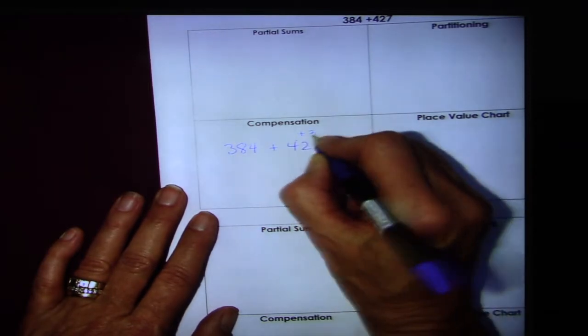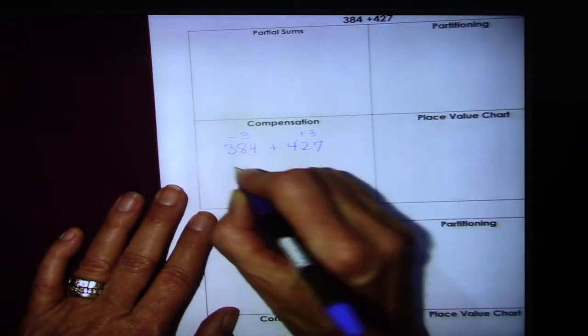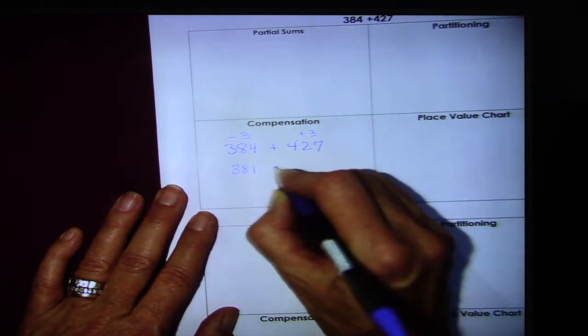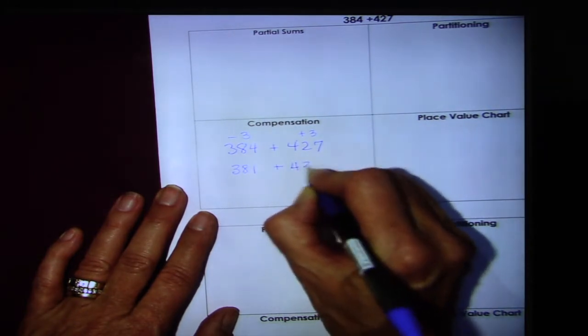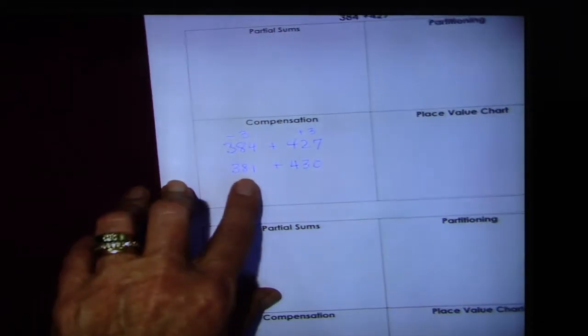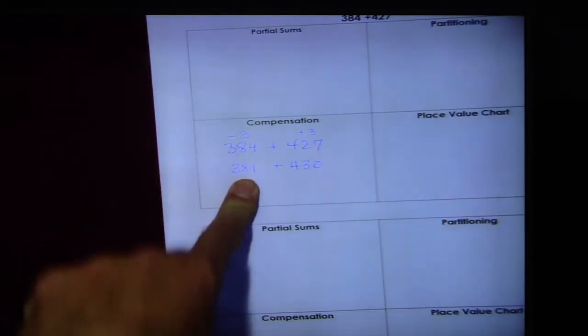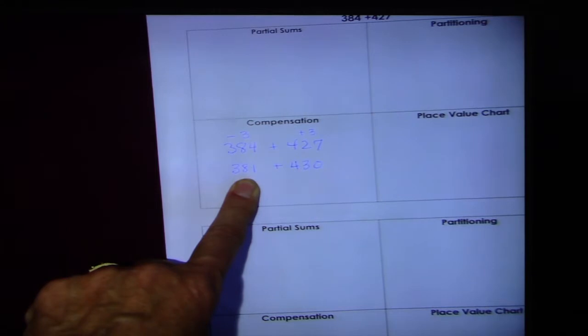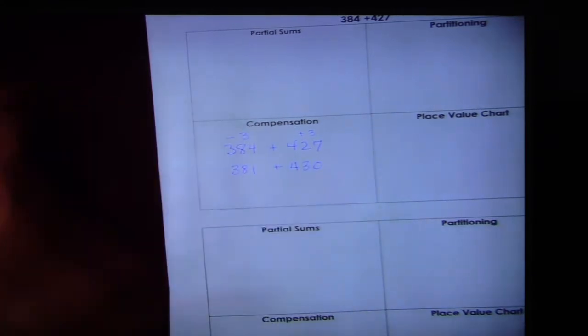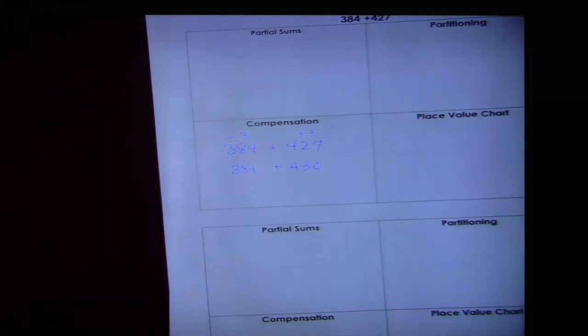So if I did plus 3 minus 3, I have 381 plus 430. And for most of us, I still have a lot of work to do. So I purposely gave you one. This is not one that I would ever choose compensation for. Compensation works really well when you're near a friendly number. Like 104, yes, I can get rid of the 4.